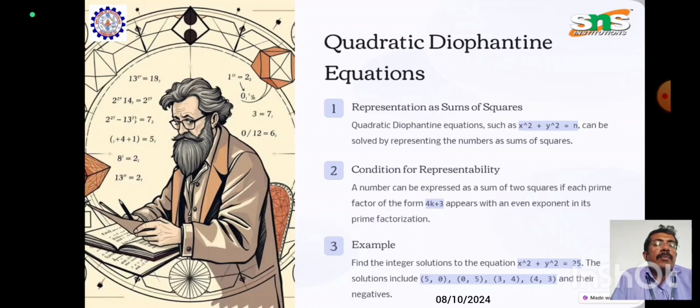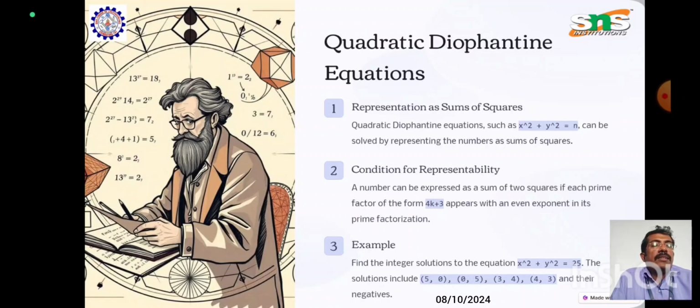A number can be expressed as a sum of two squares if each prime factor of the form 4k plus 3 appears with an even exponent in its prime factorization. I repeat, a number can be expressed as a sum of two squares if each prime factor of the form 4k plus 3 appears with an even exponent in its prime factorization.